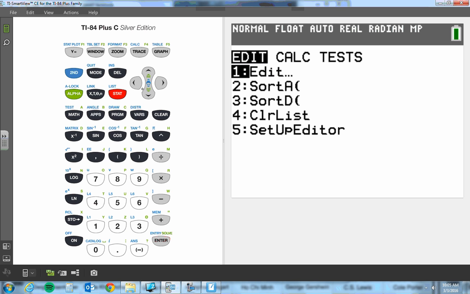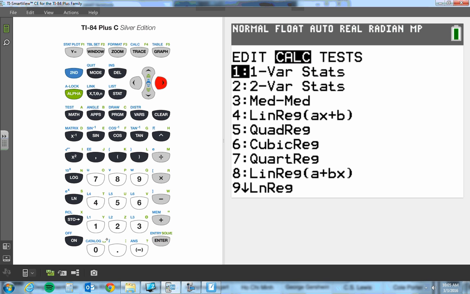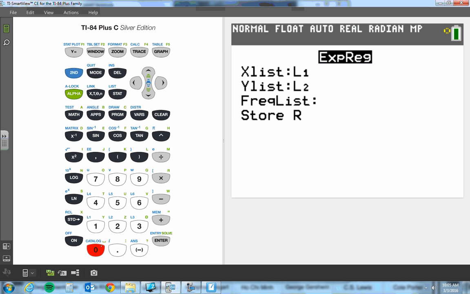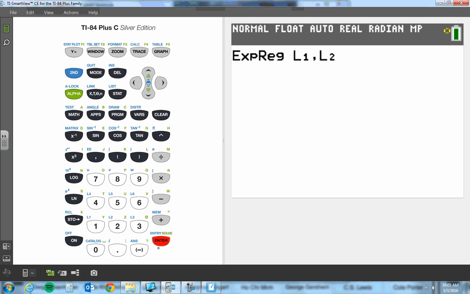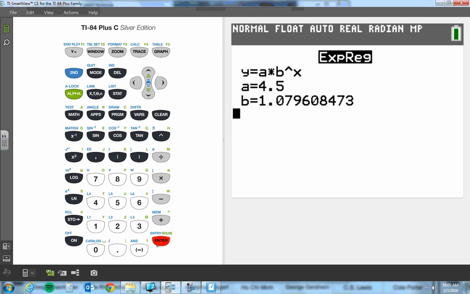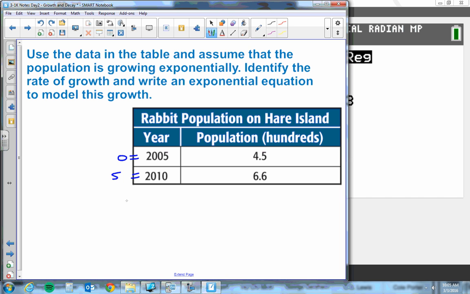Stat calc 0 was for the exponential regression equation. Stat calc 0. So 4.5 times 1.08 to the power of x, that's our equation.